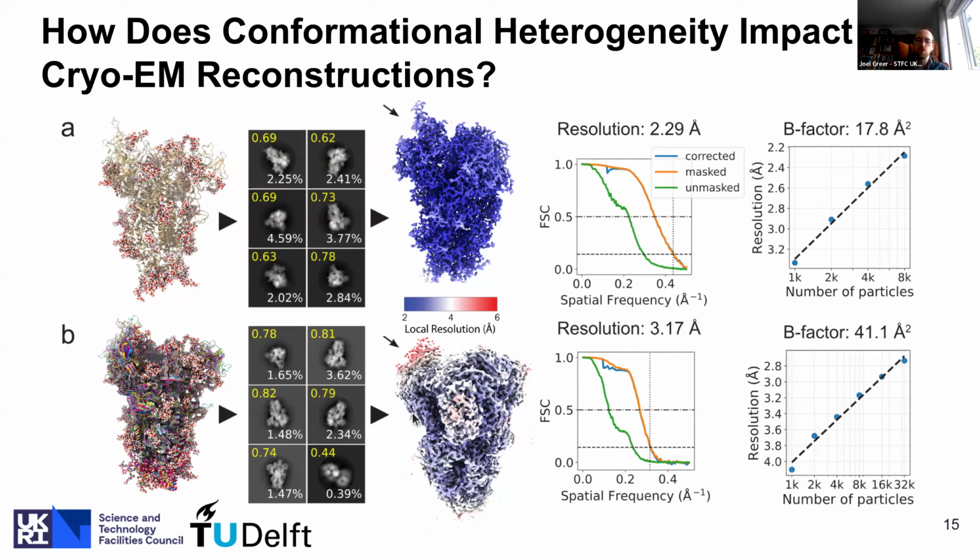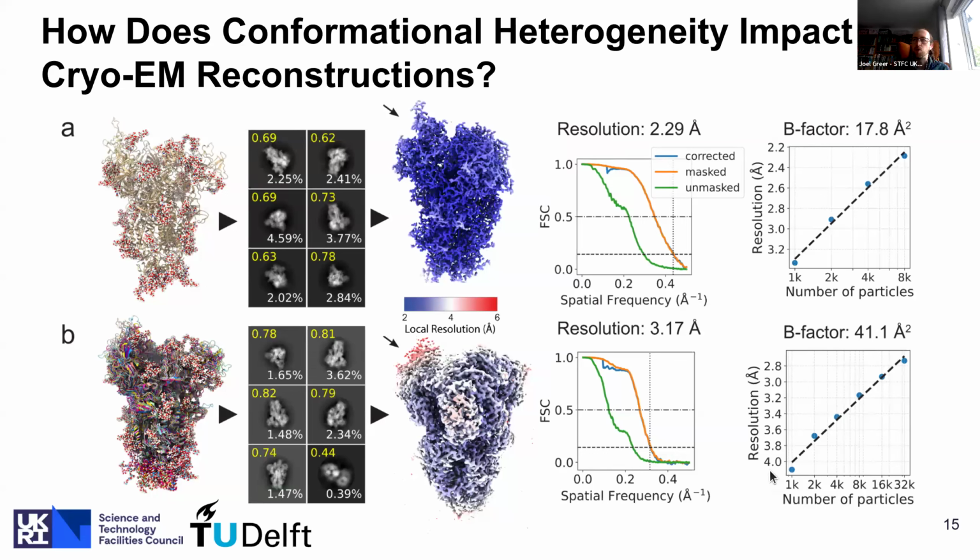When we compute the local resolution of each voxel, we see that this is also much lower than for the single conformation data set. And that is purely a result of the increase in conformational heterogeneity and potentially problems that causes for the reconstruction pipeline in the alignment and estimation of the orientation of each of the particle images.